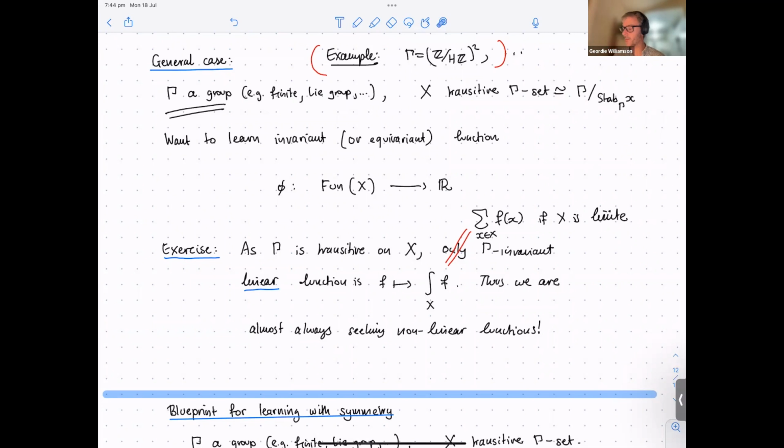Mathematicians often just write integral, and when the set is finite they mean sum, and when the set is infinite they mean the integral in the sense of calculus or differential geometry. The point of this exercise is that there are not very many interesting gamma invariant functions if they're linear. So we're definitely learning a nonlinear function.